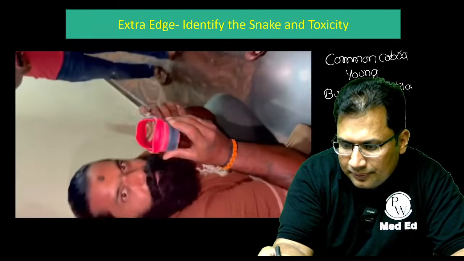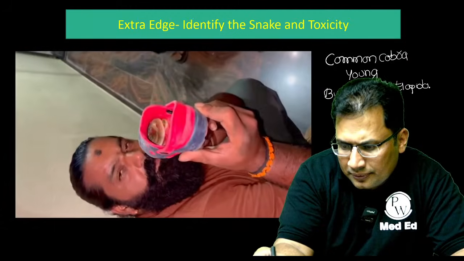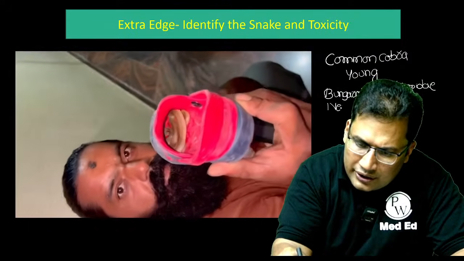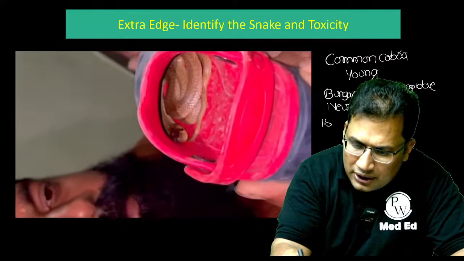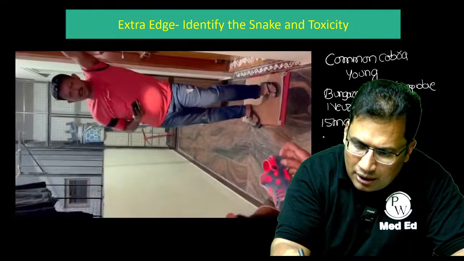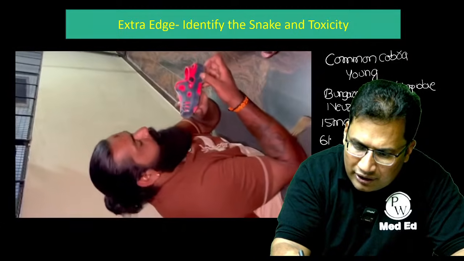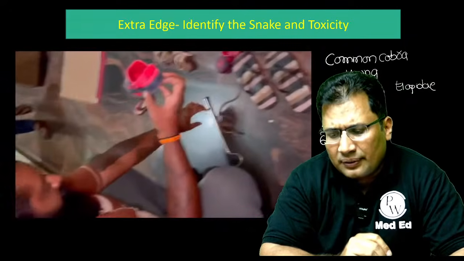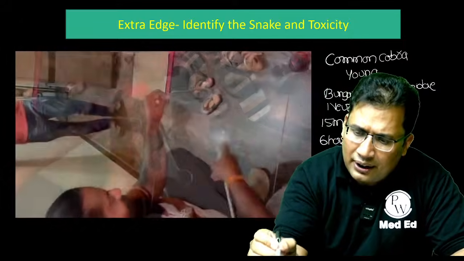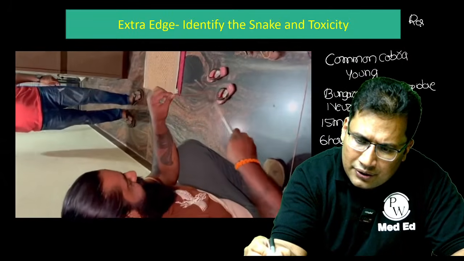Elapidae. Neurotoxin. Fatal dose 15 milligram. Fatal period around 6 hours, 6 to 12 hours, again depends on the snake. The cause of death, respiratory paralysis.